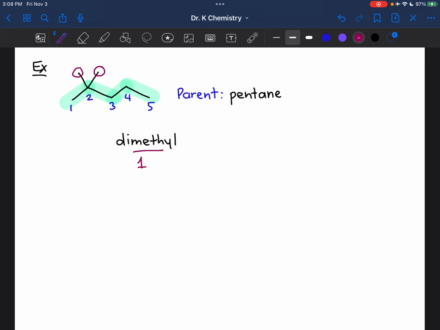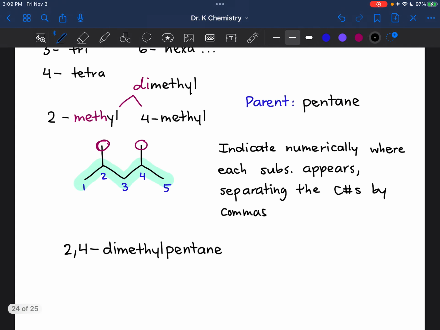So meth is telling me one carbon, YL is telling me that they are substituents, and di is saying that there are two of those substituents. But now I have to indicate where they both appear. And you do want to include the numbers of both of them because they both appear on carbon 2. So in the previous example, we had 2 methyl groups and notice that they were on different carbons.